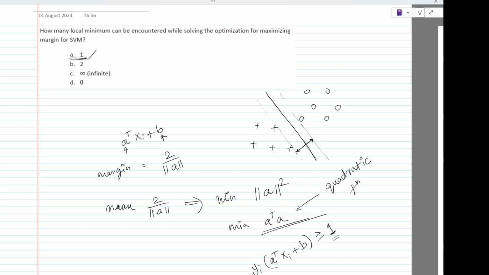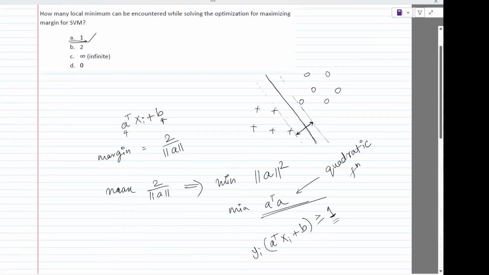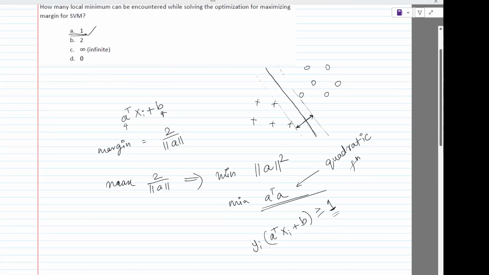Why do we have to minimize A transpose A and not just A? What we really need to do is maximize this margin, but this function is not easily tractable.